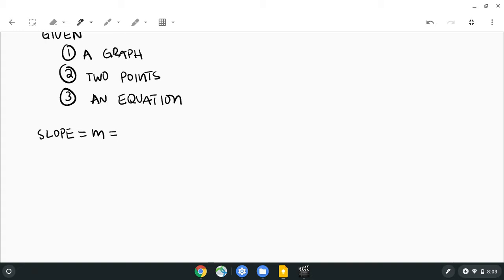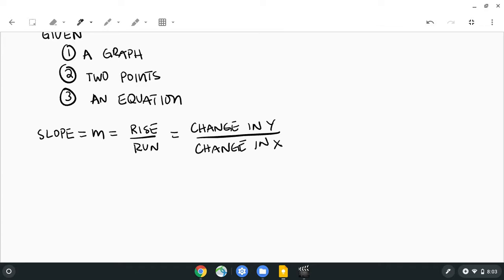Maybe some of you guys remember slope as rise over run, or you remember it as the change in Y over the change in X. Maybe you remember it as a formula.